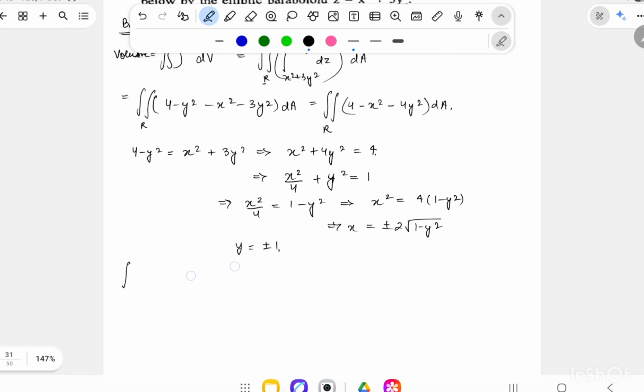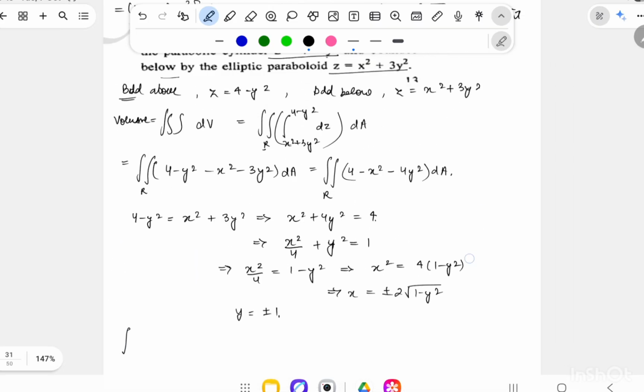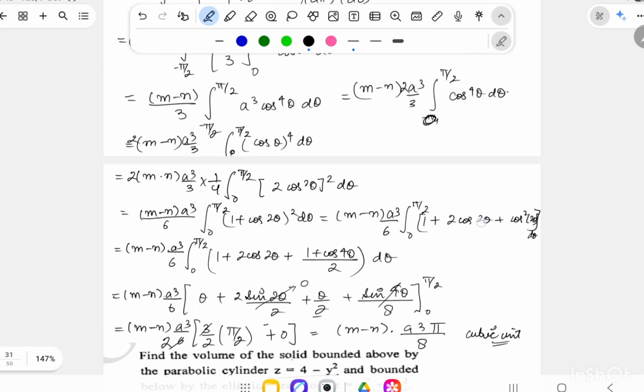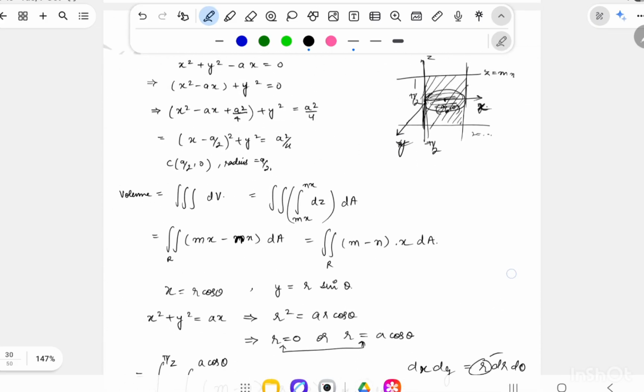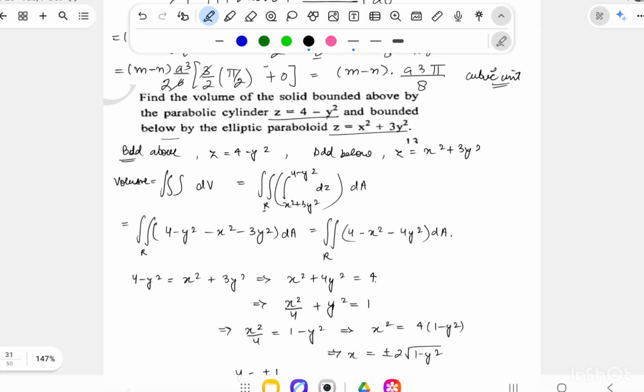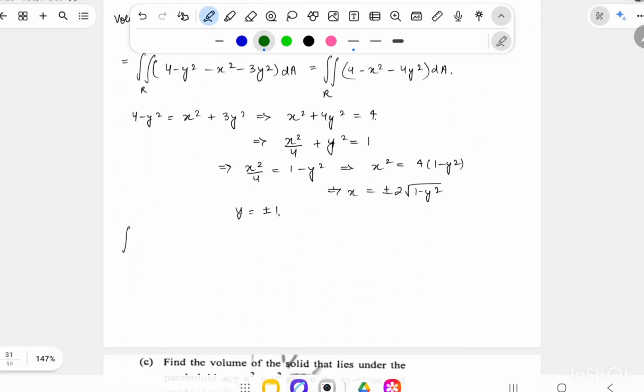if you observe that it is even, we can use this property, this result which states that if the given function inside the integration sign from minus a to a is even, then this is equal to 2 times integration from 0 to a of f(x) dx.